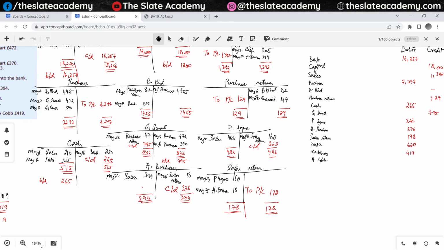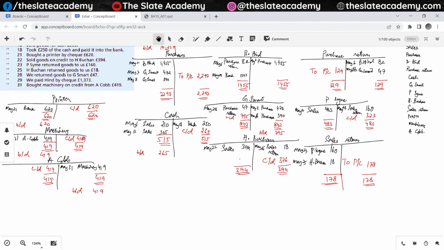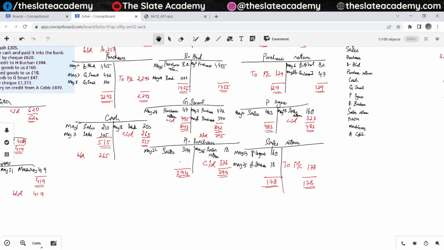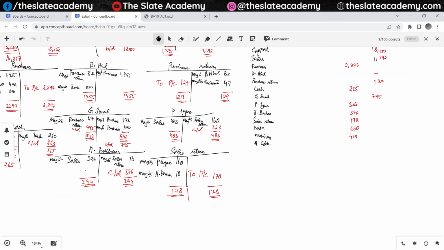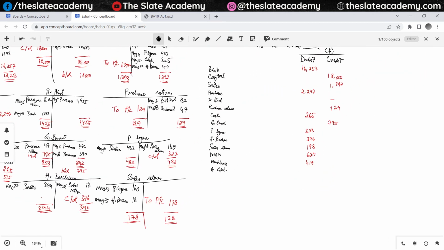And lastly ACOB on the credit side, 419. Now drum roll. We'll have to do the sum of both the sides and the sum should come out equal. If it doesn't, it means we have made a mistake somewhere.